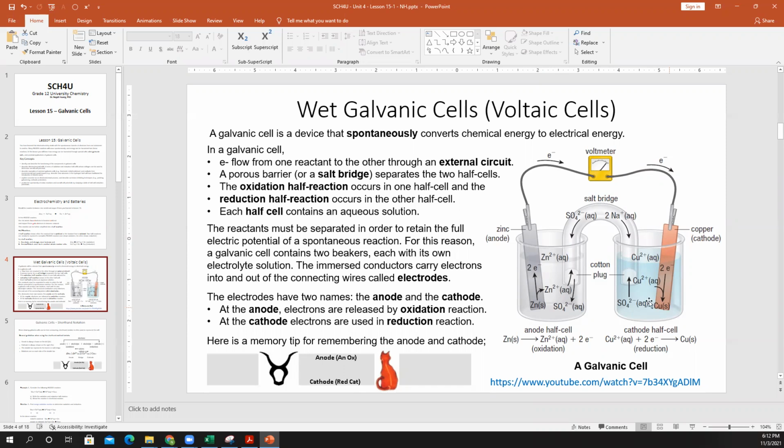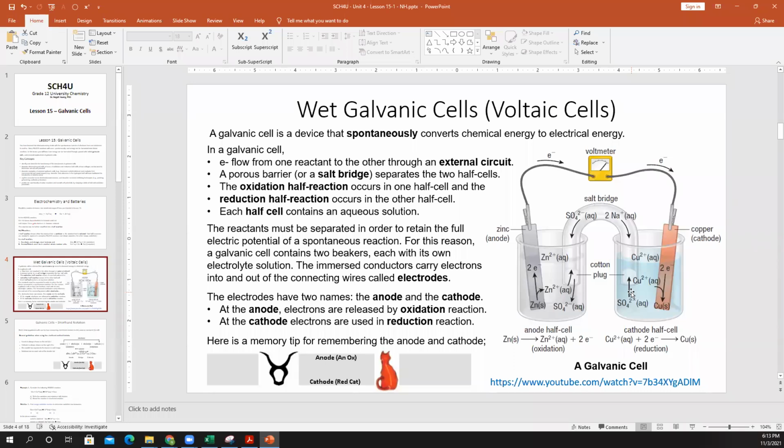Okay, and then you have a porous barrier, or what's called a salt bridge, that separates the two half cells. This salt bridge is often filled with some kind of electrolyte solution that will allow the passing through of a common ion in between.